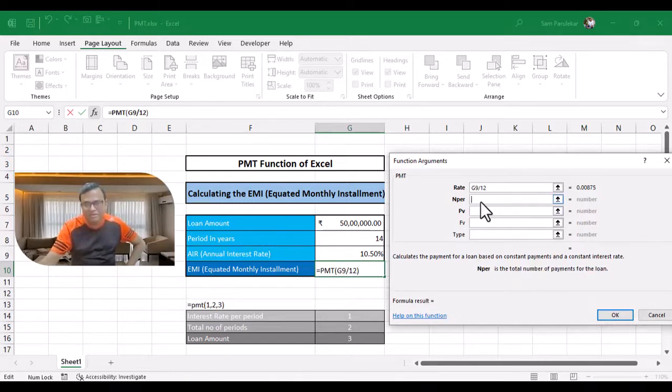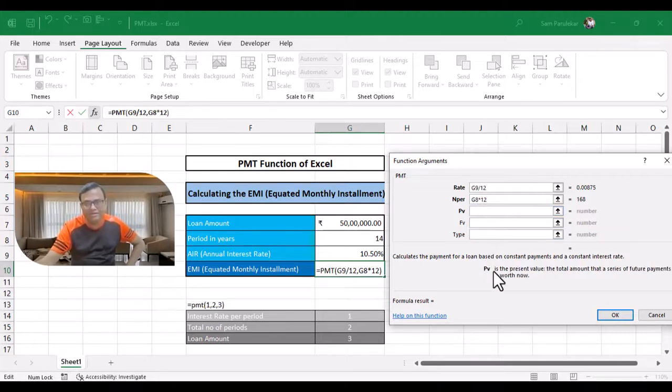Now it is asking me the total number of periods in the loan. Here it gives me a description that NPER is the total number of payments for the loan. So it is not just 14, it is 14 multiplied by 12, and it calculates and shows me that 168 months is how long I'm going to pay the EMIs.